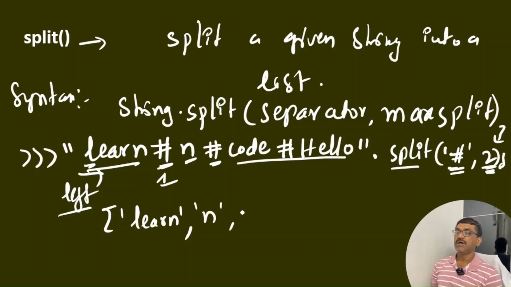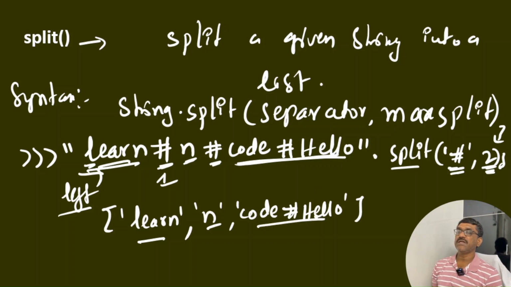Now, comma, we are going to get the third item like this, code hash hello. This is the third item we are going to get. This is the output. Learn is the first one, n is the second one. So after encountering the second hash, the last part is displayed as the third item. Okay. Here there is no split. It is printed as the third item.